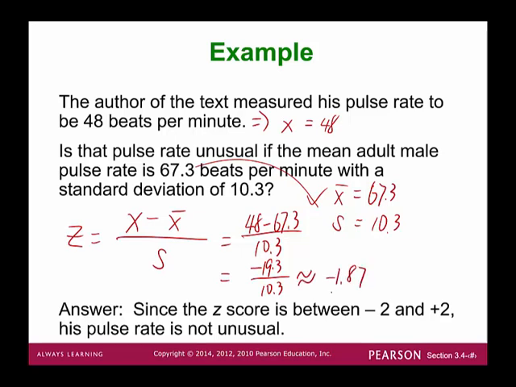If you look at this Z-score, it's right in the middle of negative 2 and 2. This Z-score is greater than or equal to negative 2 and less than or equal to 2. That means this pulse rate is usual. It's not unusual. So using the Z-score, we can identify usual values and also unusual values.